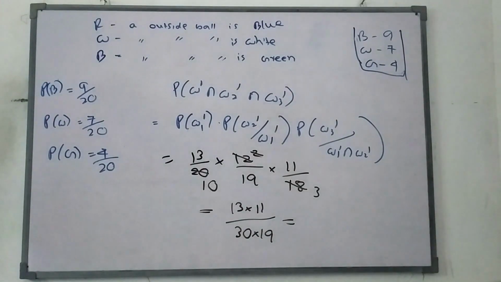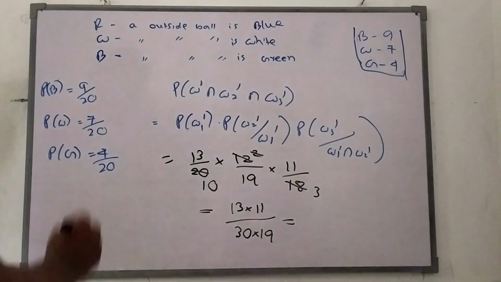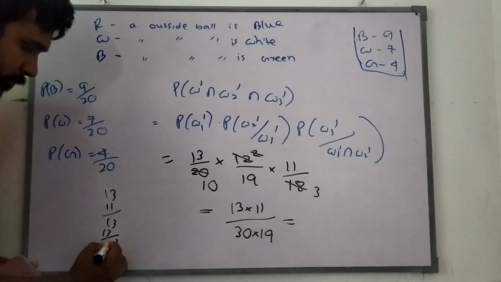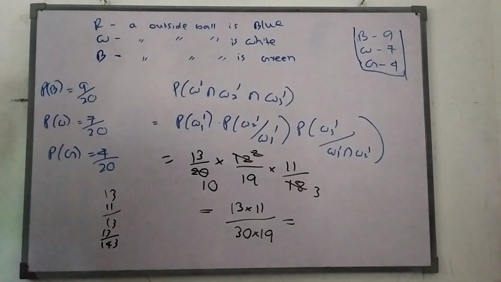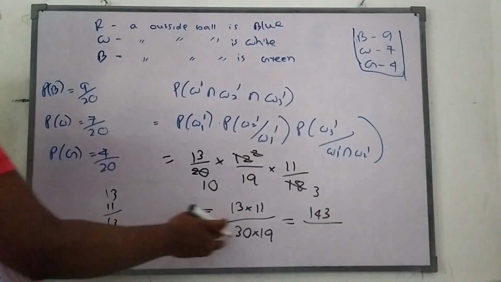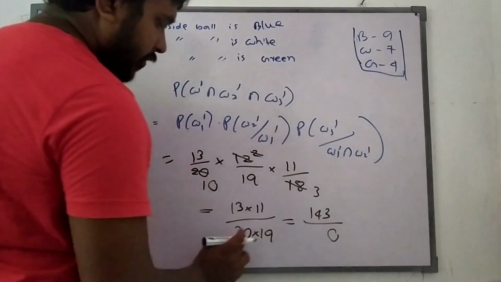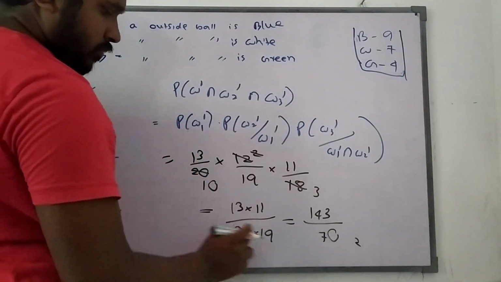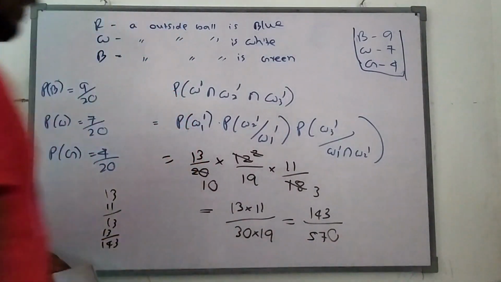This is the probability that all three balls are non-white. So it's 143 over 570.